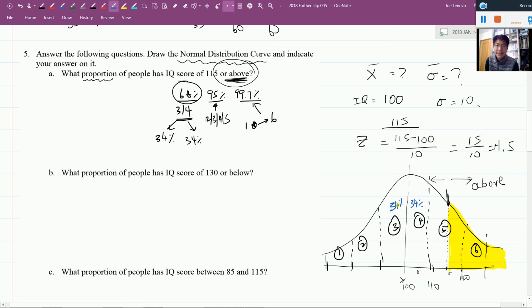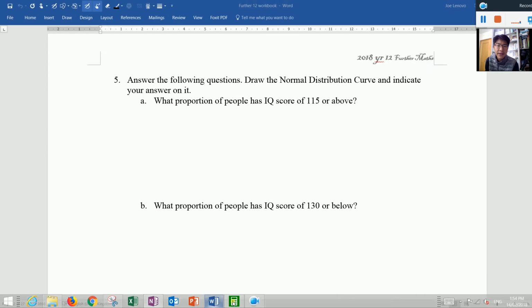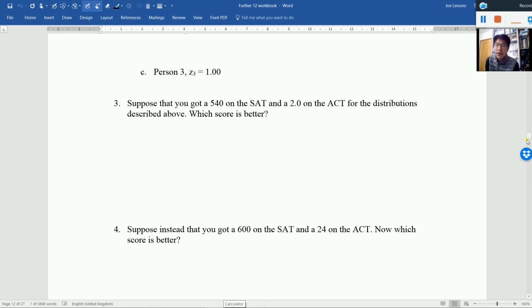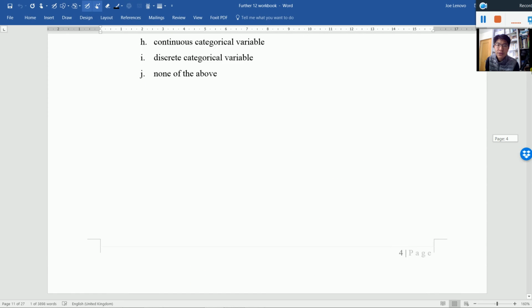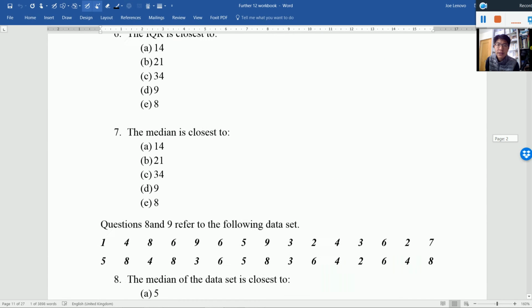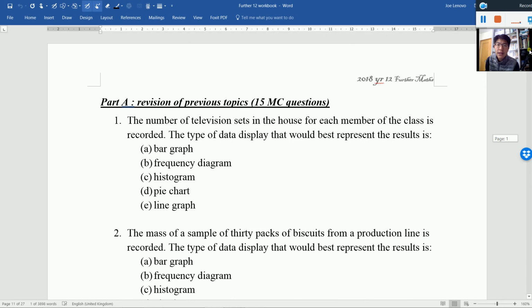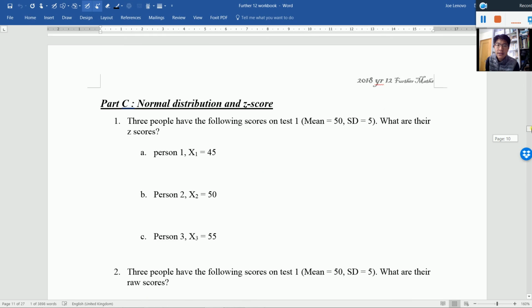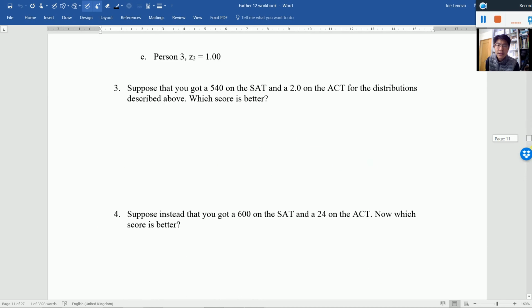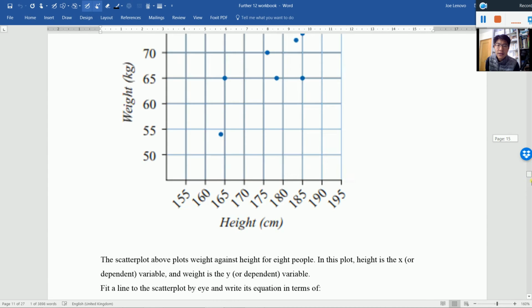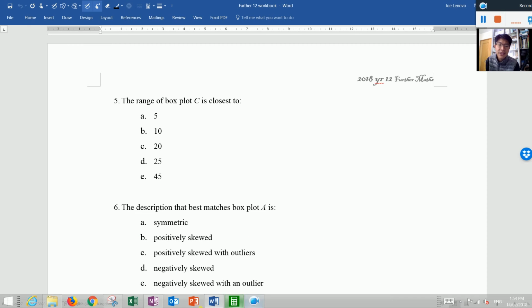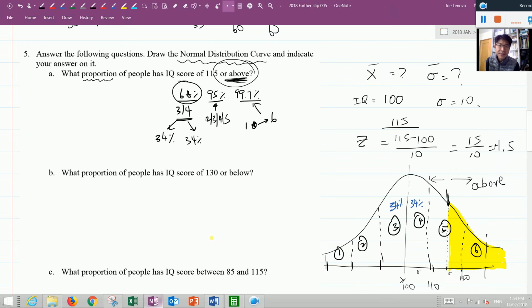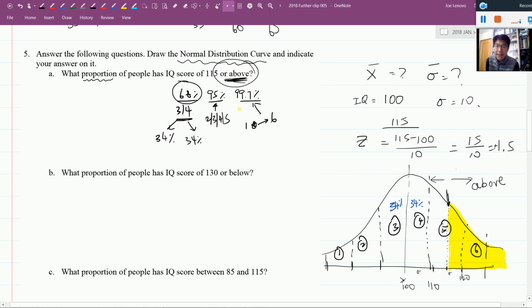So hopefully you remember the shape that I gave you right here. We've got 3 rules. The rules right there are 68, 95, 99.7%.